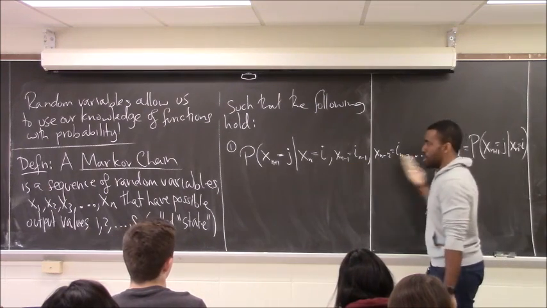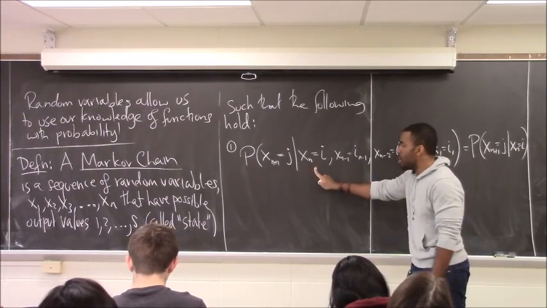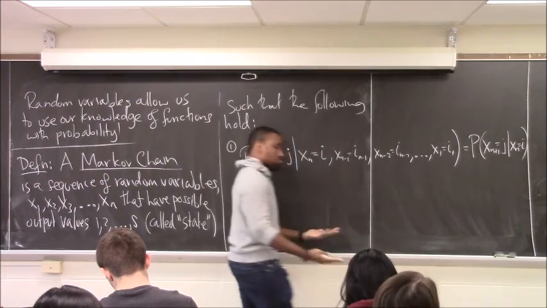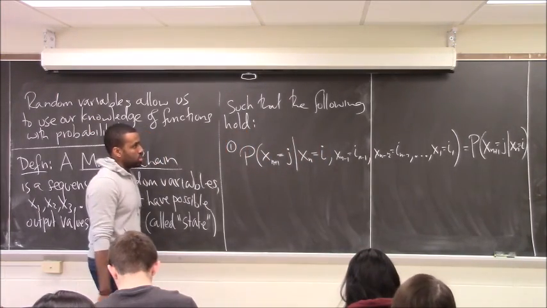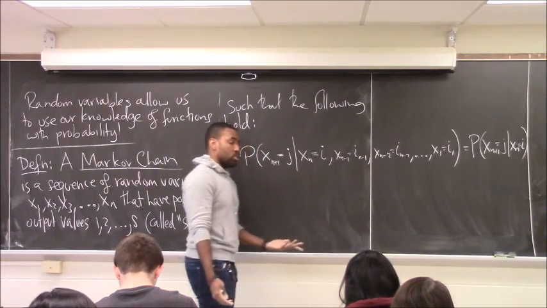I don't care about what was happening in the list up until this point. I just want to know what's going on now, and I can tell you what's going on in the future. You telling me all this information doesn't actually matter to me. So to figure out what the next guy is doing, I just have to know what the previous guy is doing.